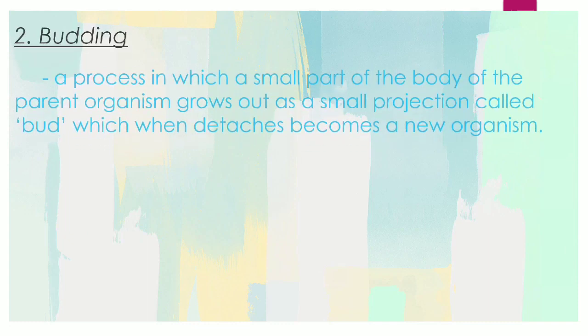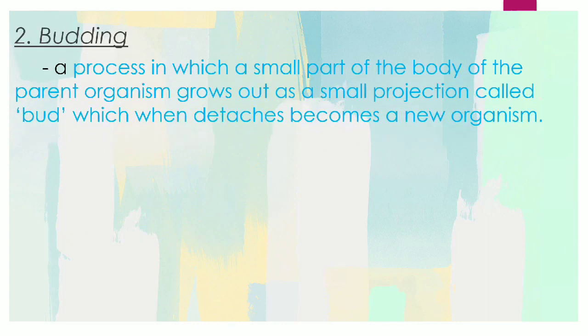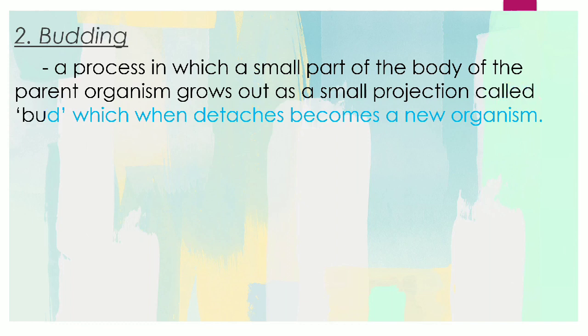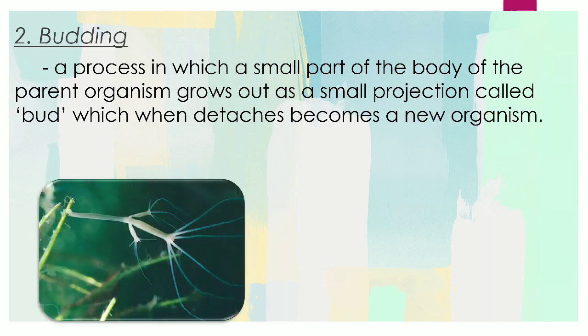Second, budding. Budding is a process in which a small part of the body of the parent organism grows out as a small projection called a bud, which when detached becomes a new organism. Example, the reproduction of Hydra.